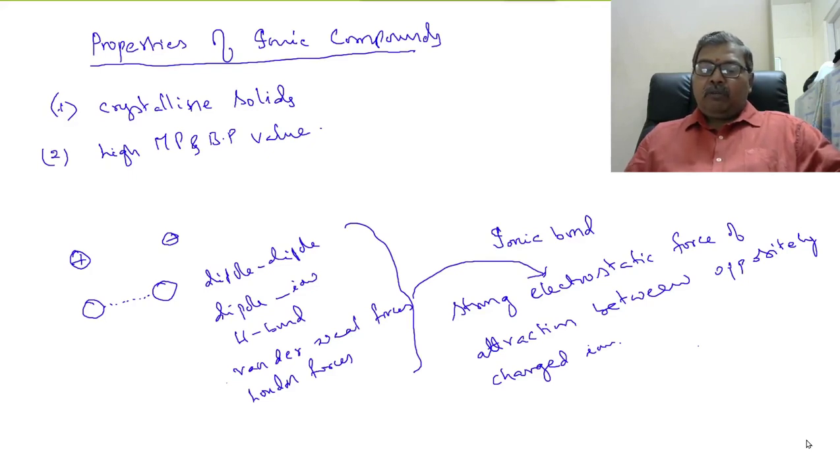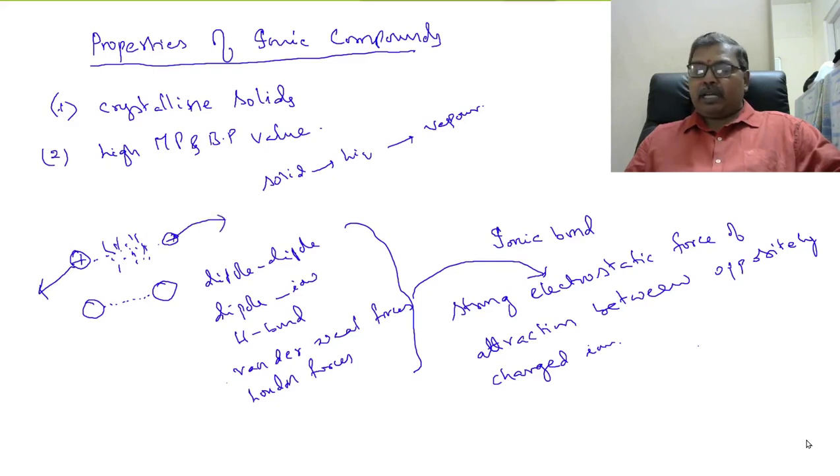So, to convert the crystalline solid into liquid, into vapor, whatever be the force of attraction that exists between positively charged ion and negatively charged ion should undergo cleavage. When these forces of attractions break, then the positively charged ions and negatively charged ions get separated, then converted to liquid state.